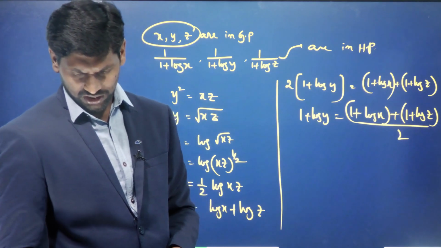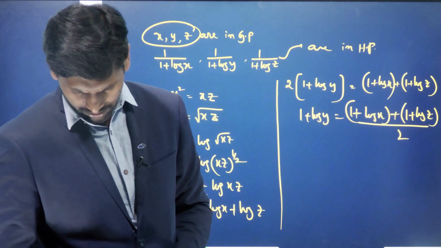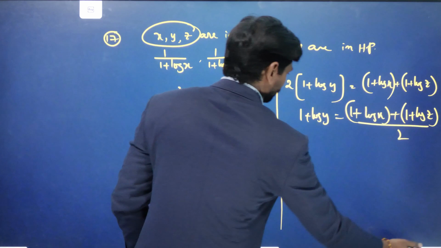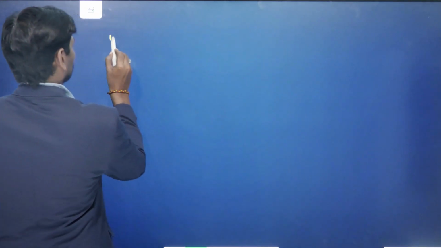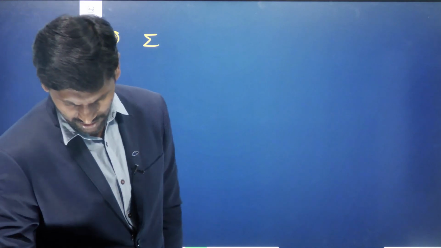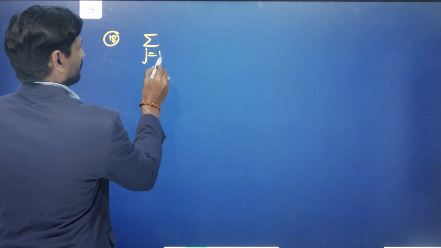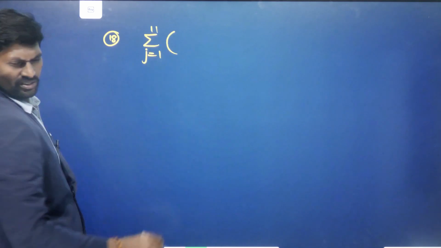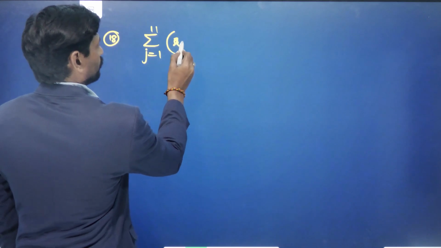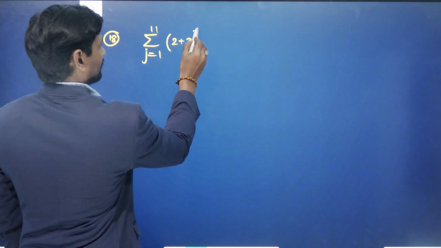Now let us go to the next problem. The next problem is the 18th one, the sum of sigma j equal to 1 to 11 of 2 plus 3 power j.